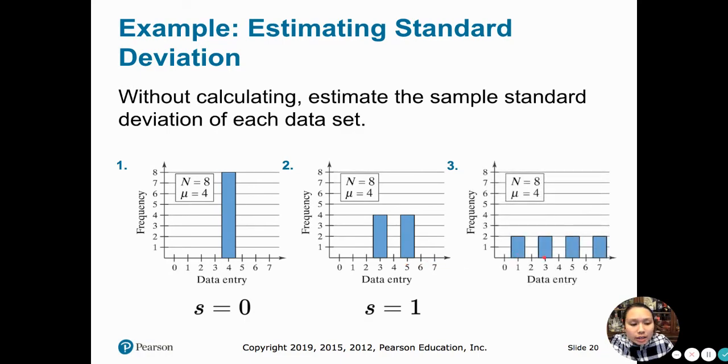All right, here is our final graph. See if you can figure out what the standard deviation is given the same frequency or data entries, 8, and the same mean, which is 4.